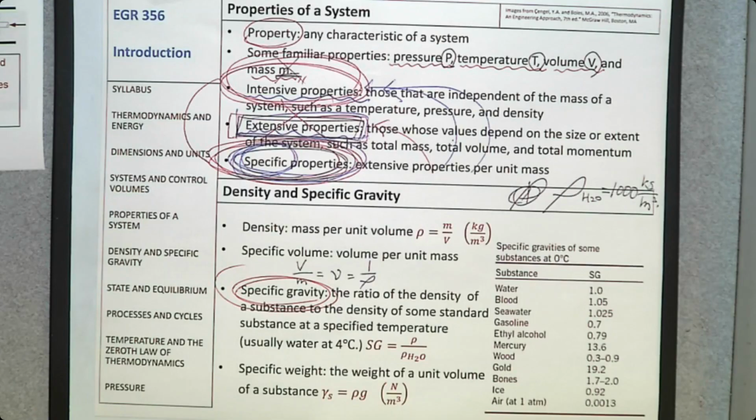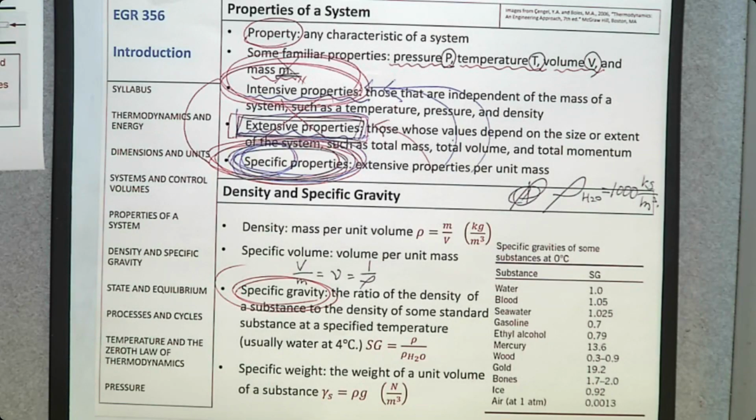So we use this as the standard material instead of something else whose density is 3,465 point blah blah, which would make your calculation very ugly. So we use water at 4 degrees Celsius as the standard material to determine specific gravity.